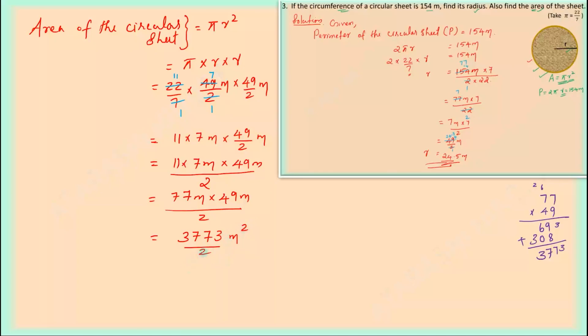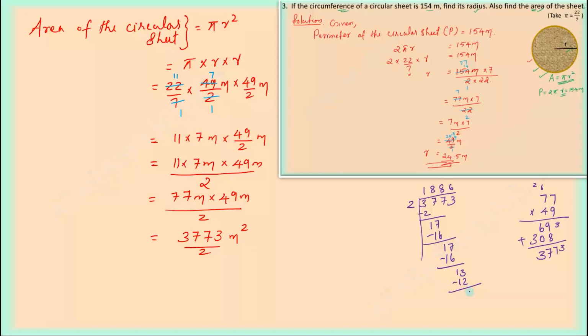Now we have to divide 3773 by 2. Here 2 ones are 2. When we subtract, we get 1 here, then bring down this 7. Now it is 17, so 2 8s are 16. Again we get 1, bring down 7. Again here we get 8. Again 16. Again 1, bring down 3. 6 2s are 12.